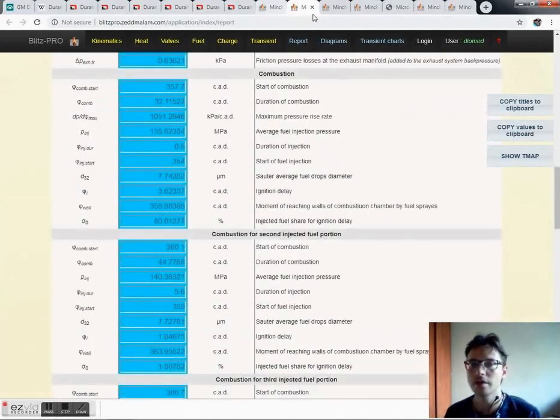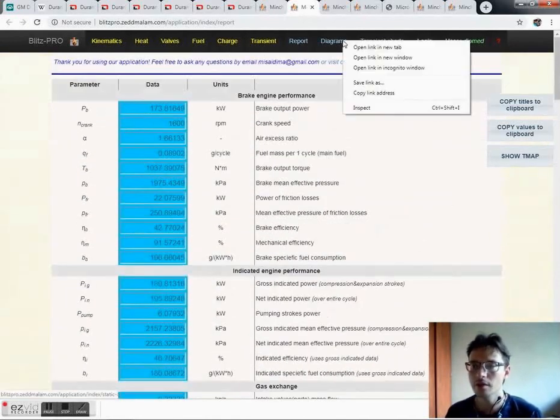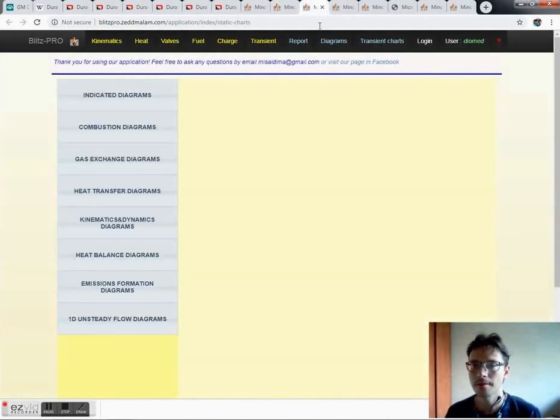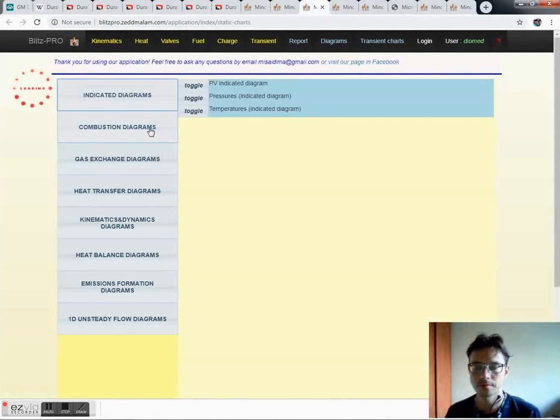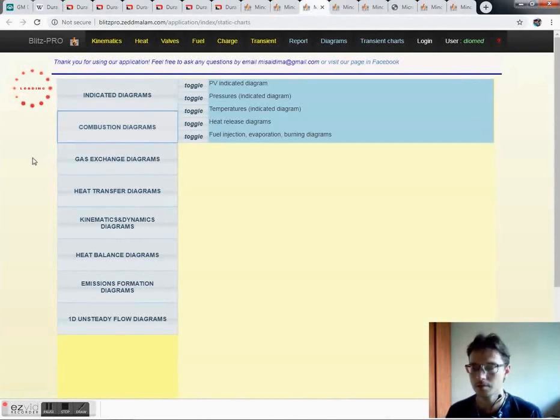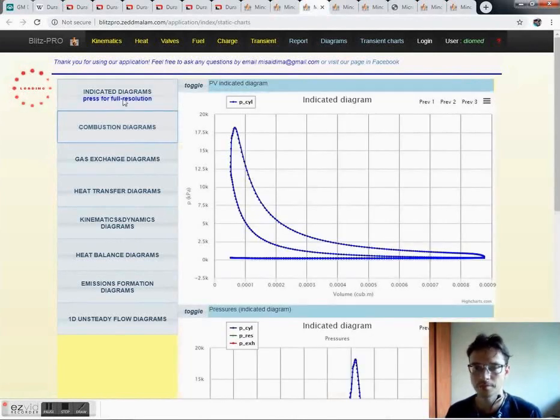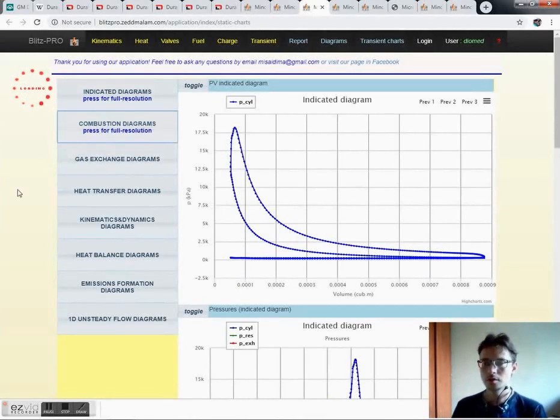So let's have a look at the diagrams. Indicated and combustion diagrams, in high resolution to see the difference in these processes.